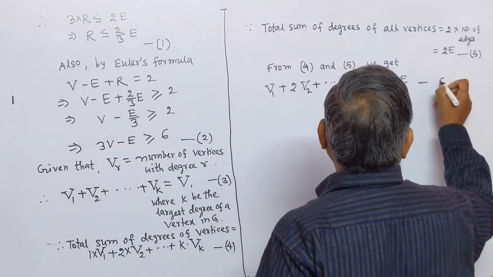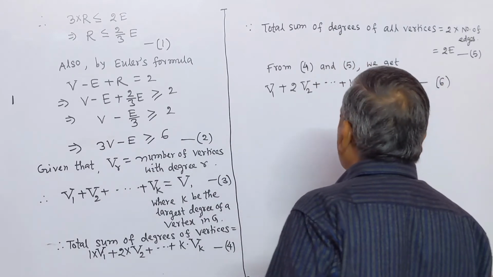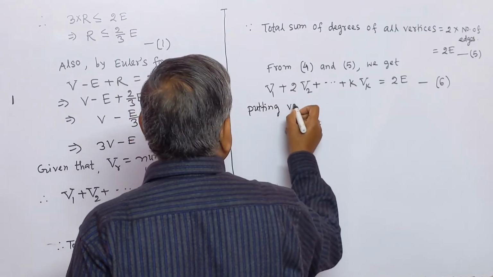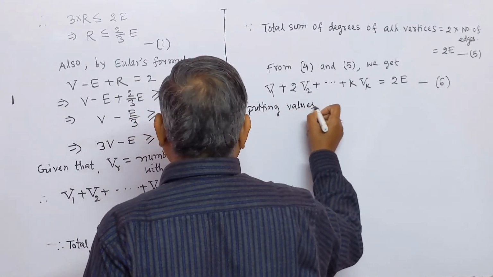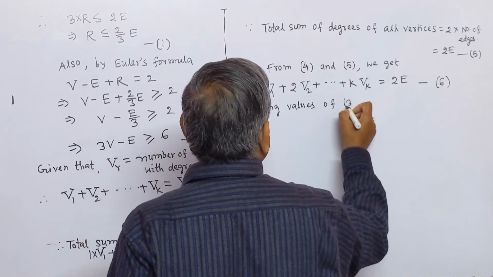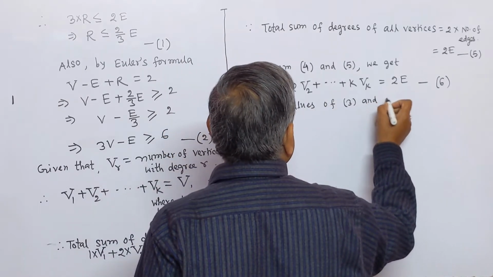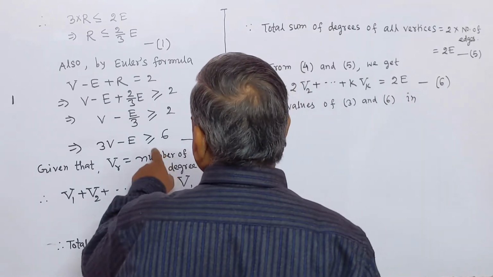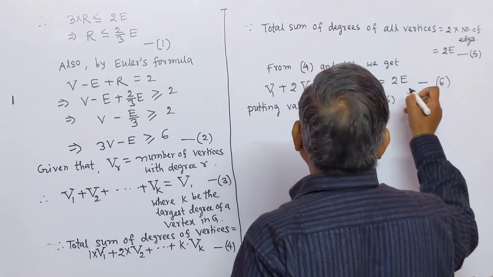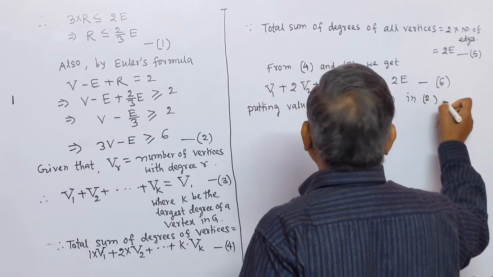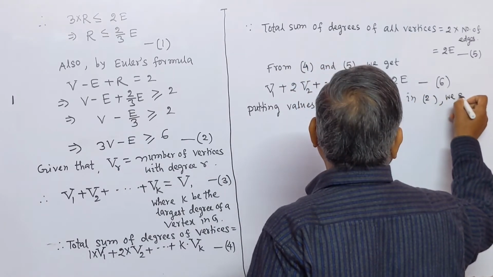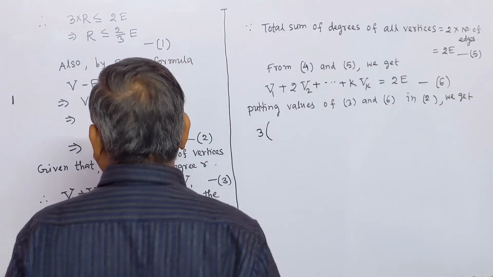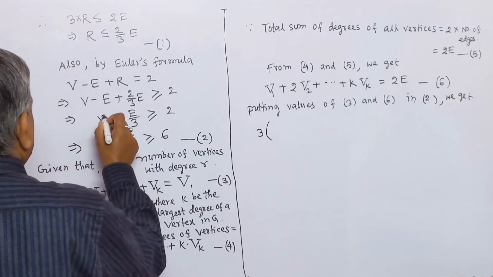This is number 6. Putting the values of 3 and 6 in 2, we get 3 multiplied by capital V.